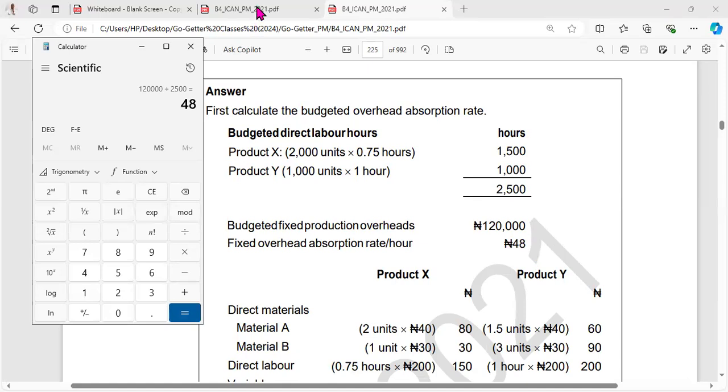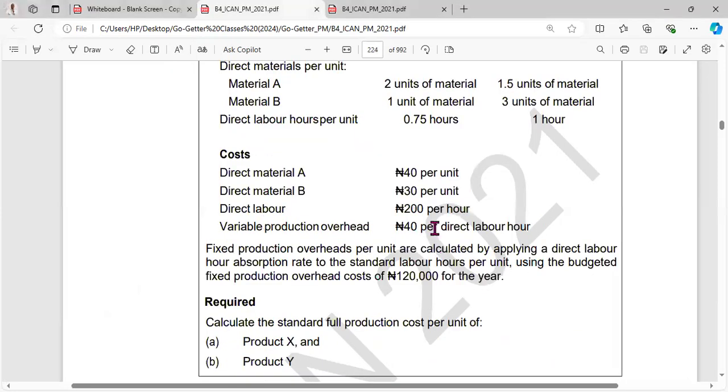That's how we get our 48, which was not given to us. All the other ones were given per direct labor hour, but for fixed overhead we were not told the absorption rate. Because we need to find standard cost, we need to know fixed overhead per unit, so this is per hour.